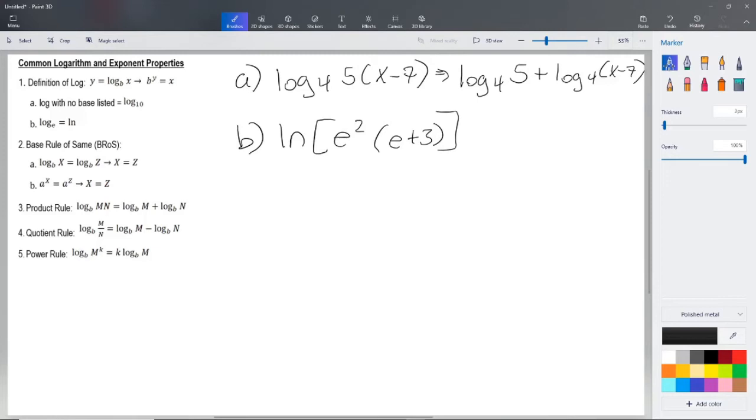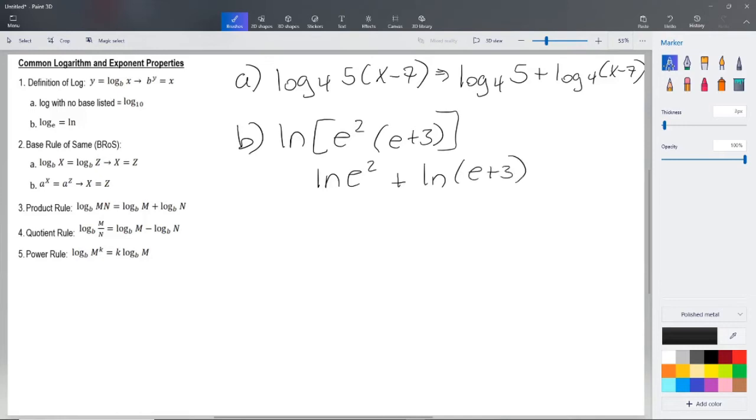This is what we call natural log, right, from our part B of definition of log. The same thing that we're seeing in B, we saw in A. We see a multiplication, in this case, e squared times e plus 3. And so we're going to turn it into two different logs here. So we're going to turn it into the natural log of e squared plus the natural log of e plus 3.